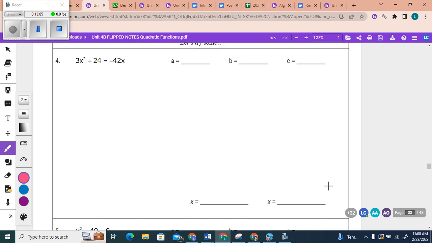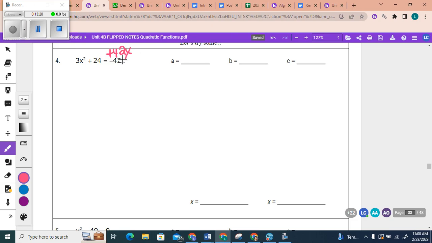Real quick, number 4. Is that in standard form? No. What would I have to do to get it into standard form? Haley, what'd you say? Add the 42x. Does it matter where that goes?